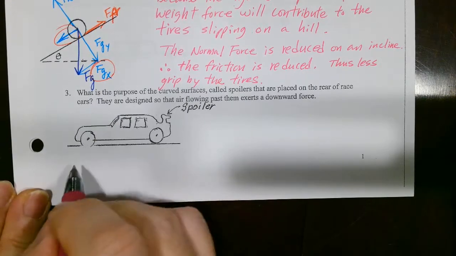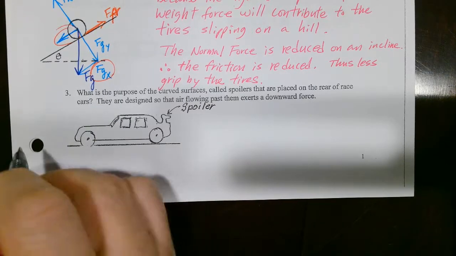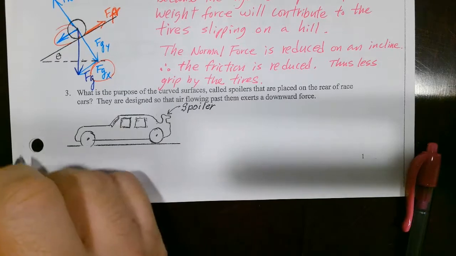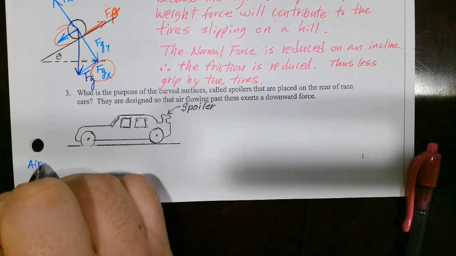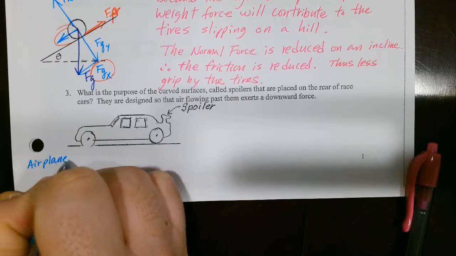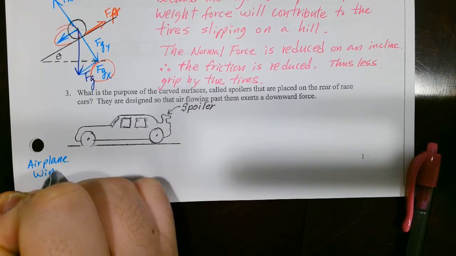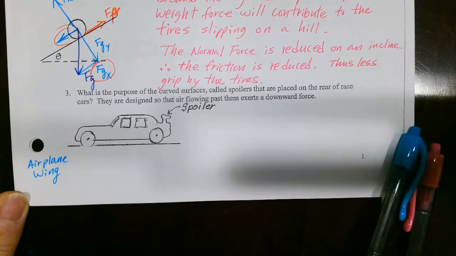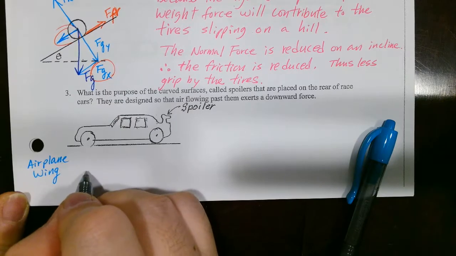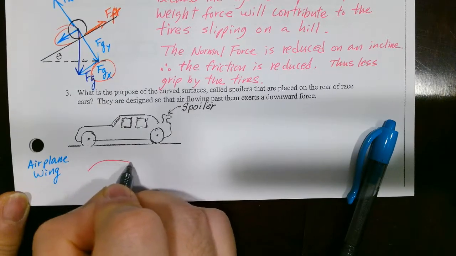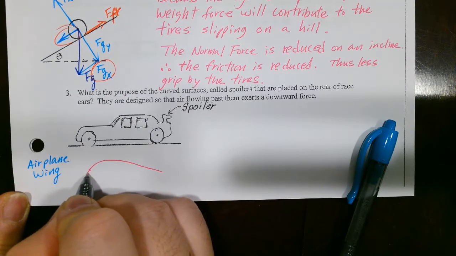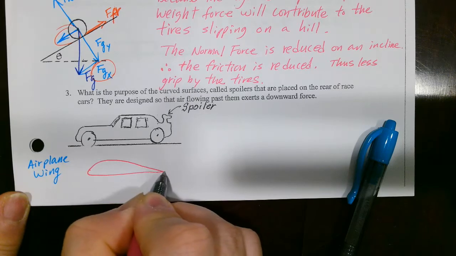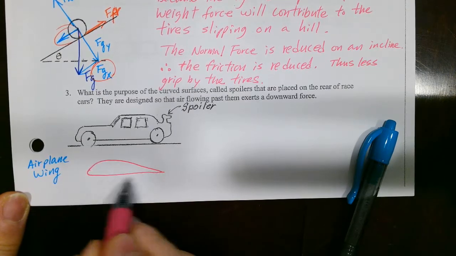If you take a look at a cross section of an airplane wing, the top part of the wing is curved where the bottom is pretty flat.